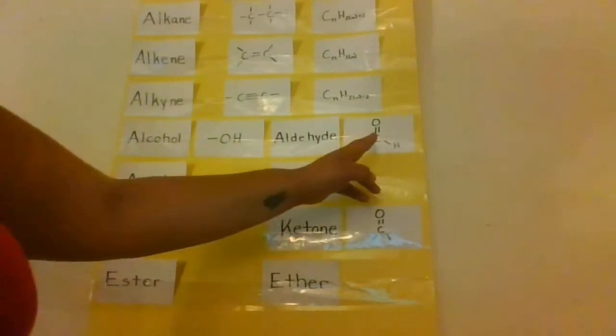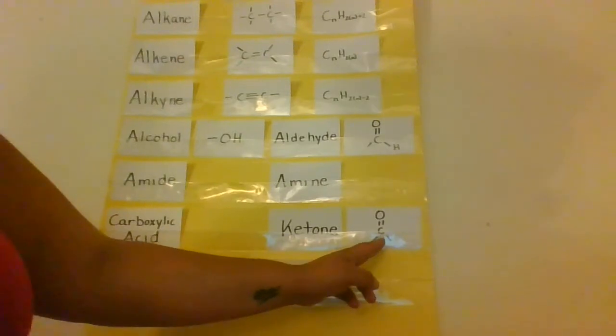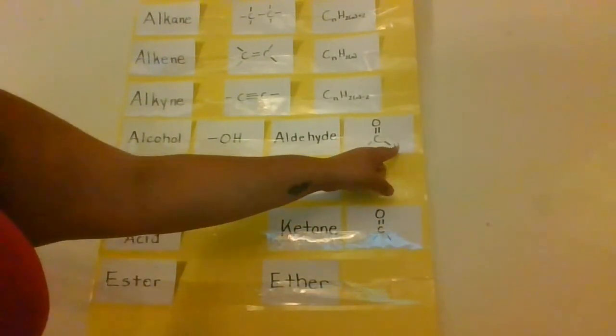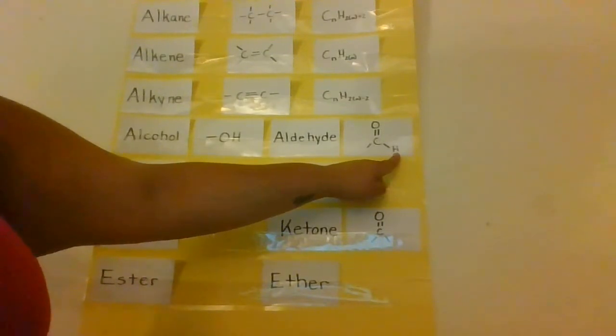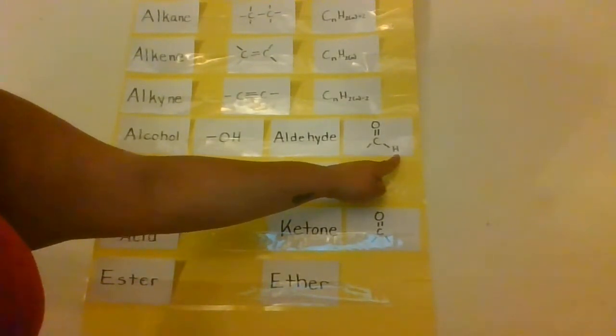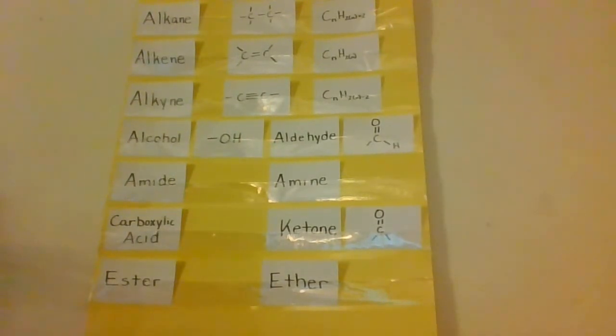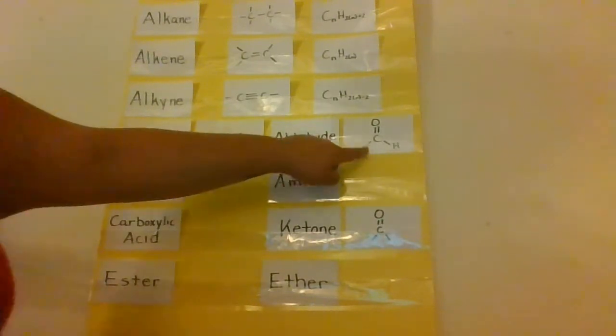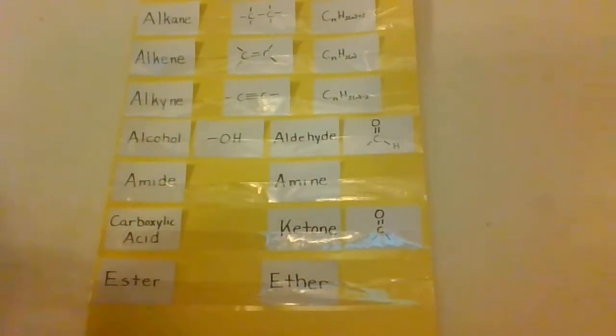So here we found something that looks like the ketone, but when I look to the left, there's nothing there. But when I look to the right, there's a hydrogen here. And one of the things I like to remind people, when you are dealing with aldehyde, it is a hydrogen hiding behind this ketone. Okay?